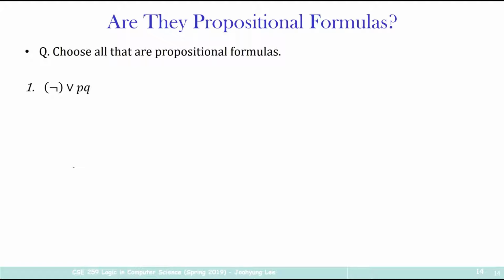I showed you the rule in the previous slide, and the question is whether this is a formula or not. The answer seems to be that this is not a formula, but how do we prove that?